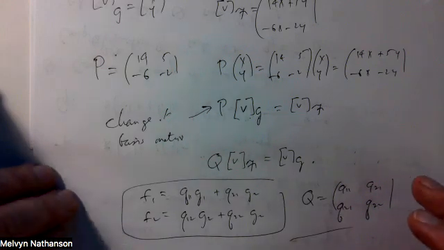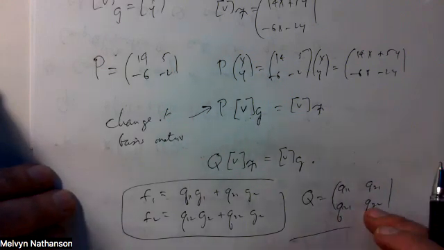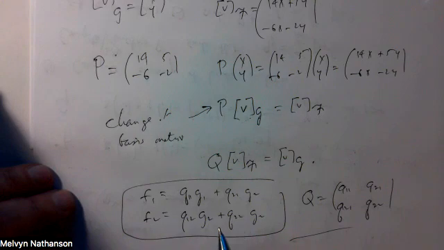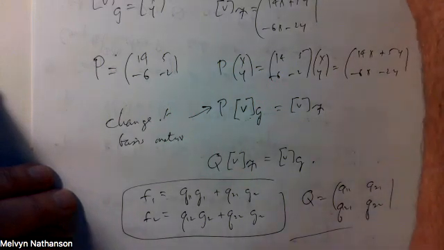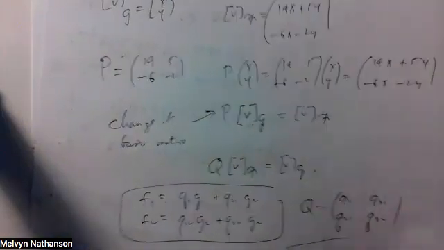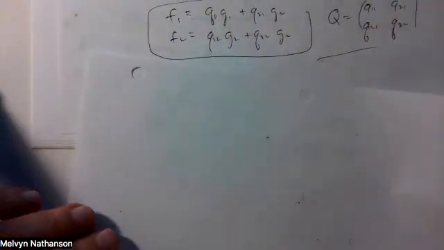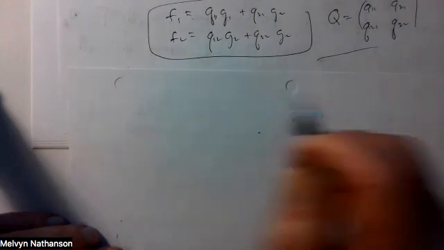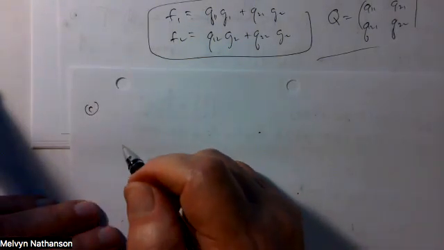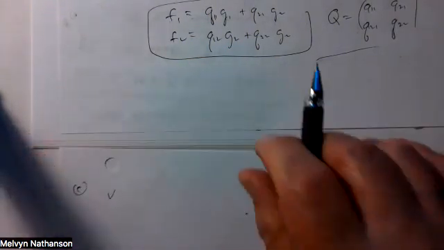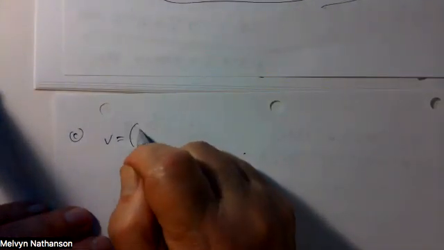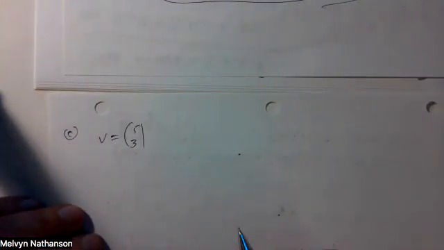I'm not going to compute Q unless you want me to, but if you look at part C, we have the vector V equal to 5, 3.